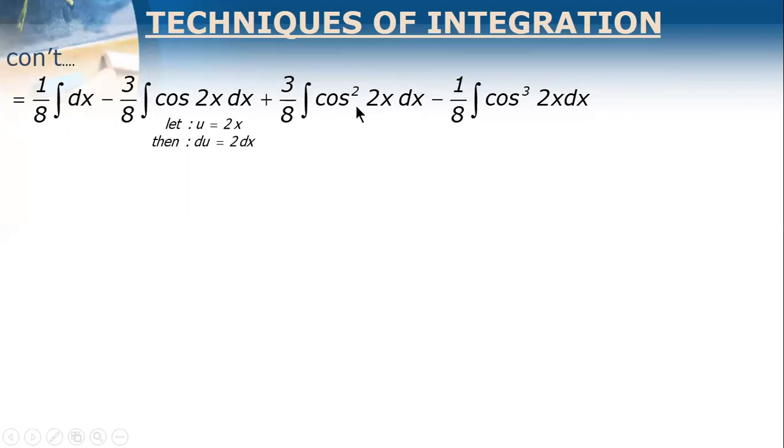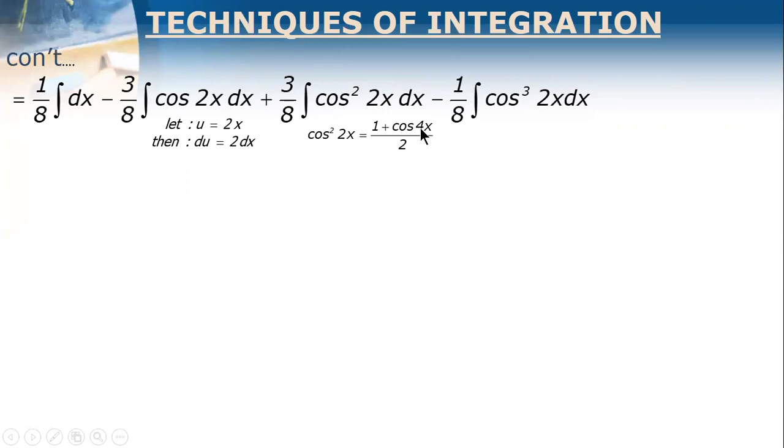But you have 2x, so using the double angle formula, this is the identity for 4x. Because the original identity for cosine squared x is 1 plus cosine 2x over 2, and since it's multiplied by 2, you get 4x.